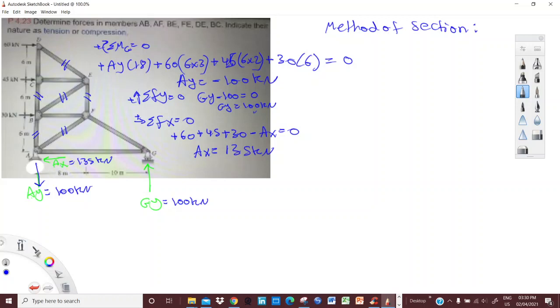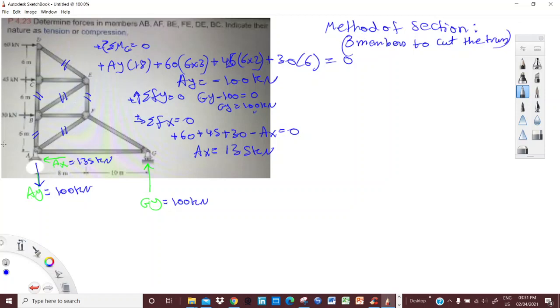So one member BC, and BE, and EY, it is one cut. You couldn't cut it vertically because you have a lot of members, one, two, three, four. It should be only three members to cut the truss.